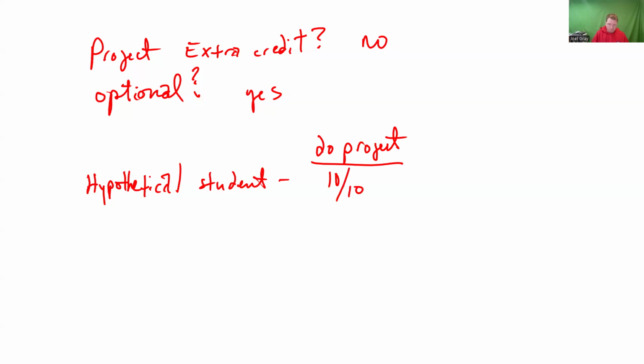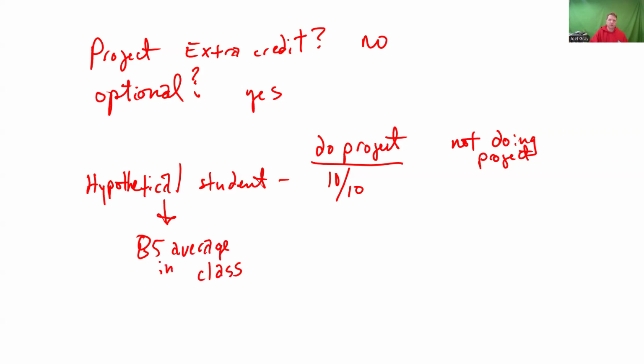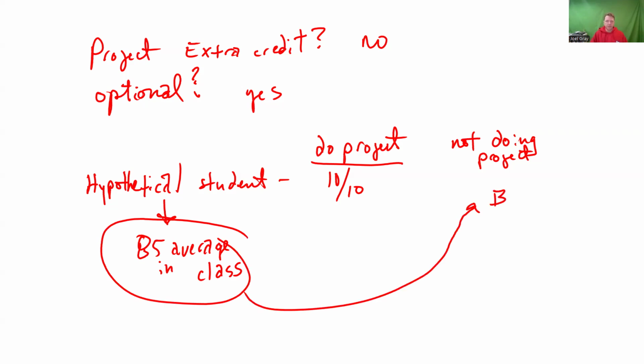Now, without doing the project, let's say this hypothetical student comes into this with an 85 average in the class. This is after the final, after everything has been accounted for, they have an 85 in the class. And so if they do not do the project, they'll end up with a B in the class. Could you give me a 9 in the chat if you follow that?